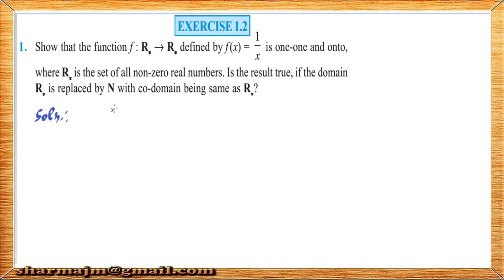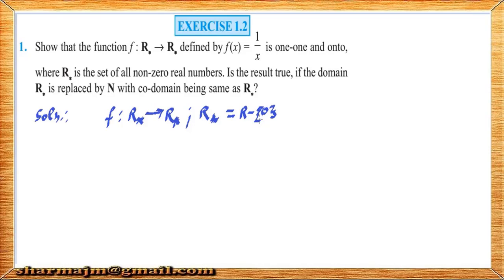So given f is a function from R star to R star, where R star is real numbers excluding 0.